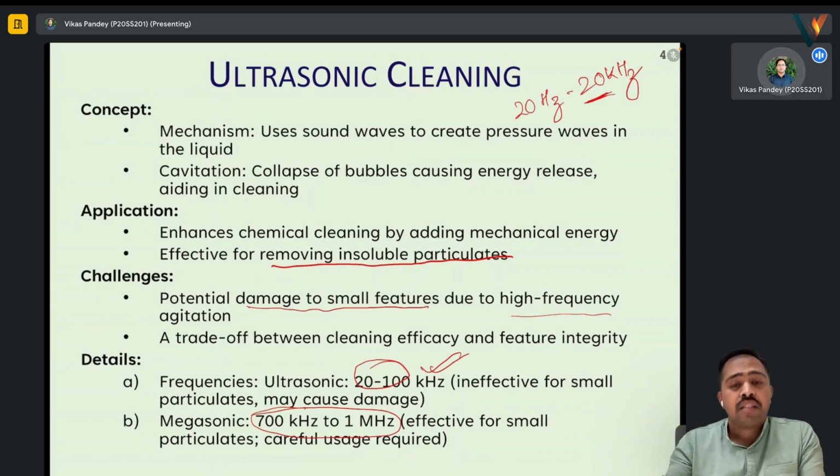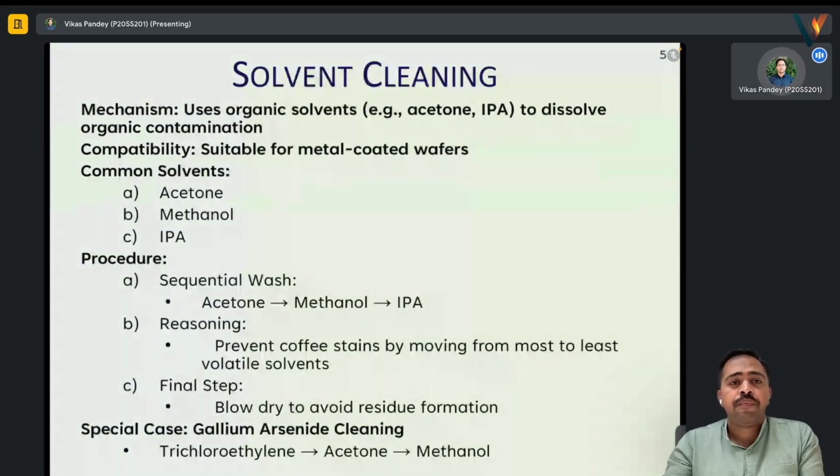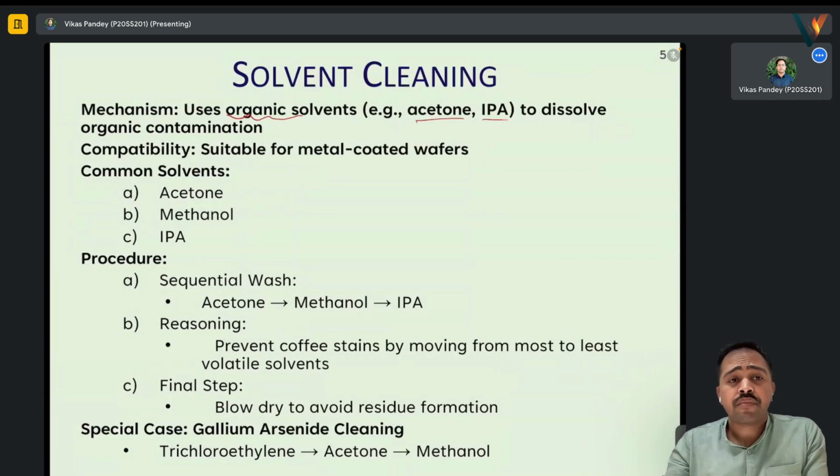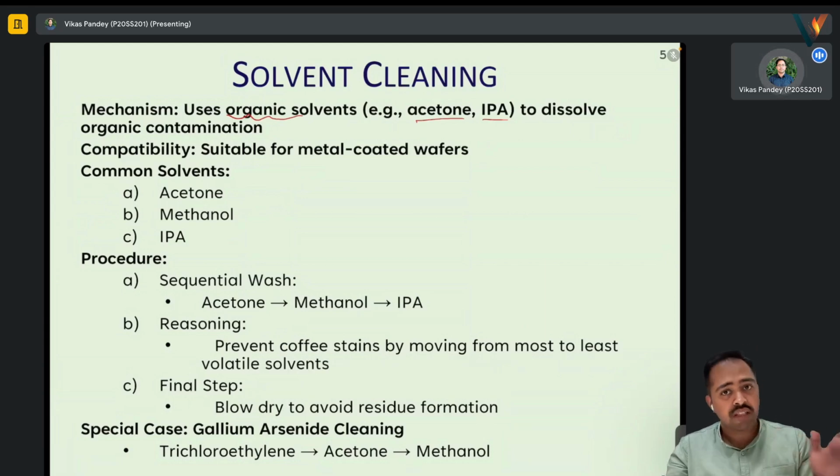Then there is solvent cleaning, and this is one of the most common ways cleaning is done, almost after every step. Here organic solvents like acetone and IPA are used to dissolve organic contamination. Most of the contamination occurs after the cleaning process, RCA1, RCA2, and HF dip have been done.